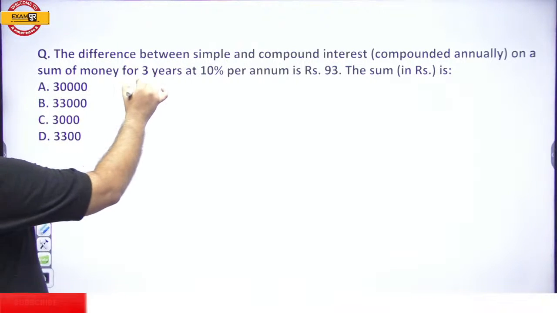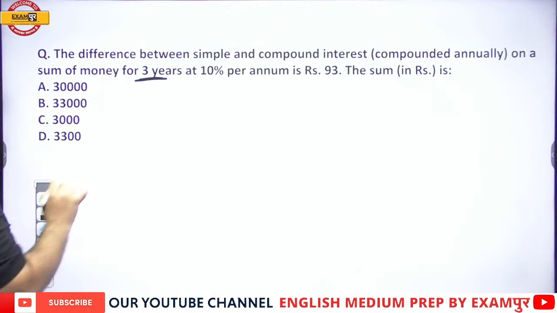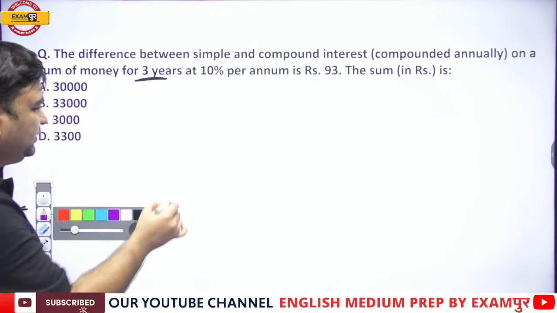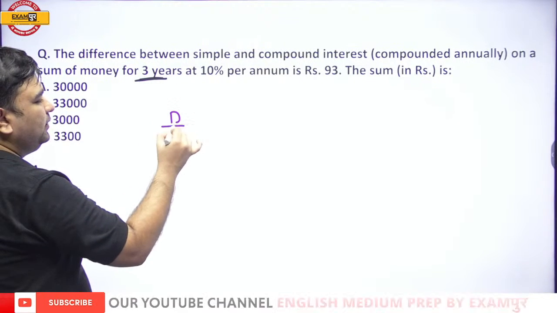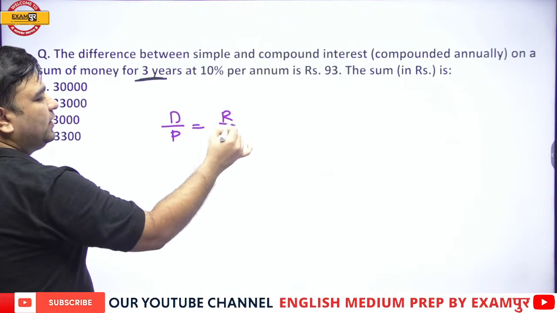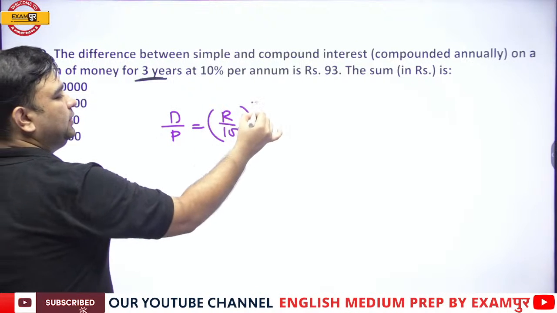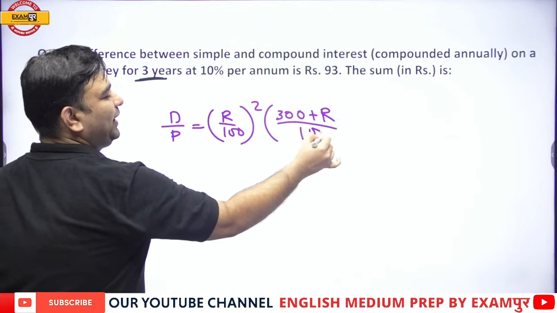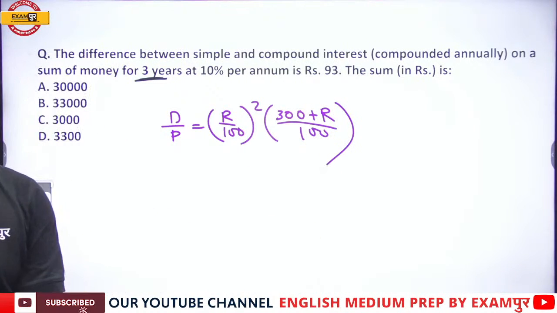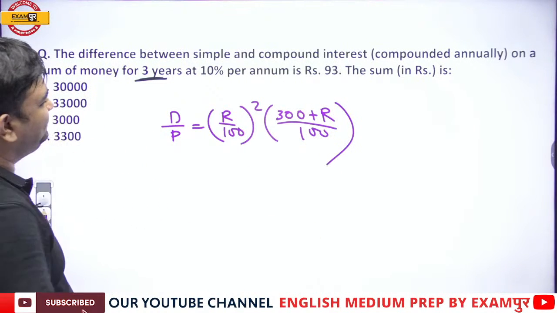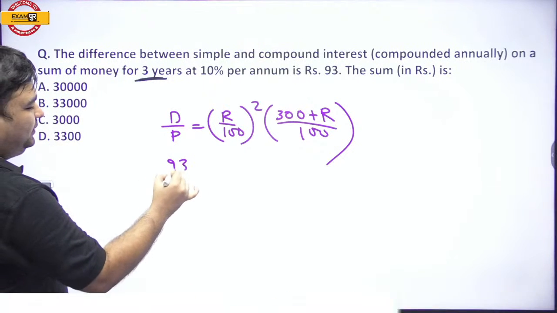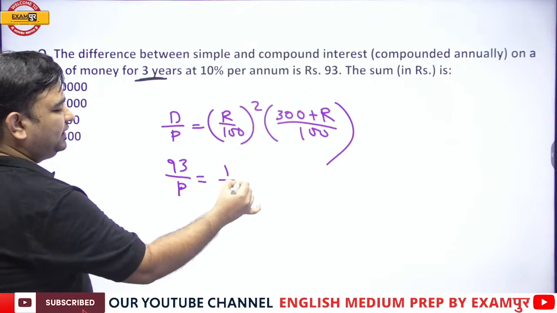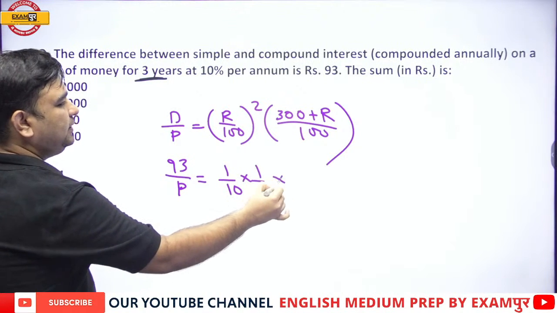This is the difference question for 3 years. So we can go for the formula as well: D over P equals (R over 100) whole squared. However, some of you will say, sir, it's easy by effective, but still I'm going for the formula. The rate is 10, so 10 by 100 is 1 by 10, and 1 by 10 squared is 1 by 10 into 1 by 10.